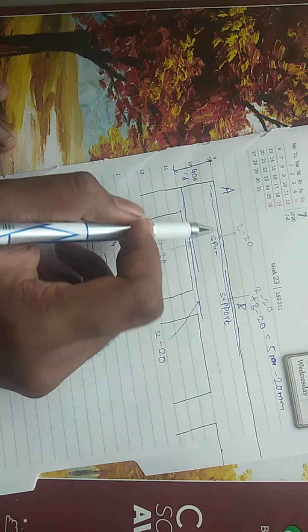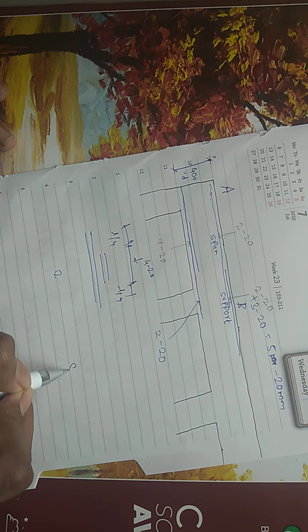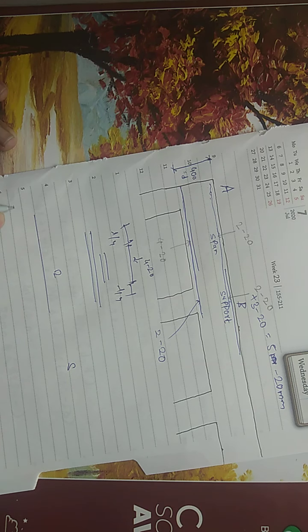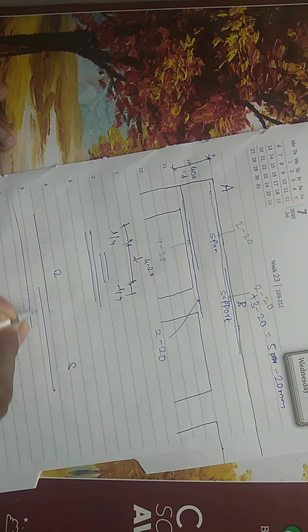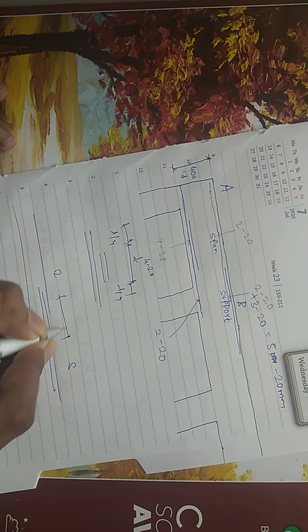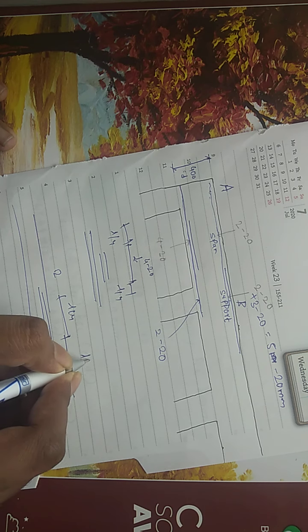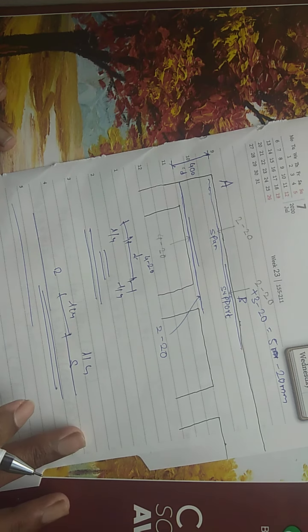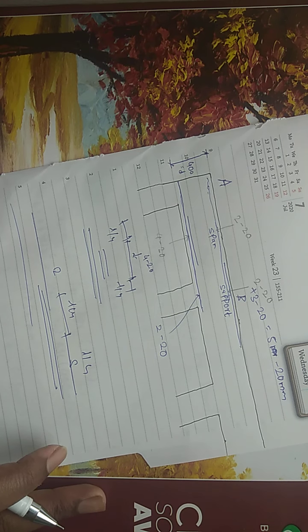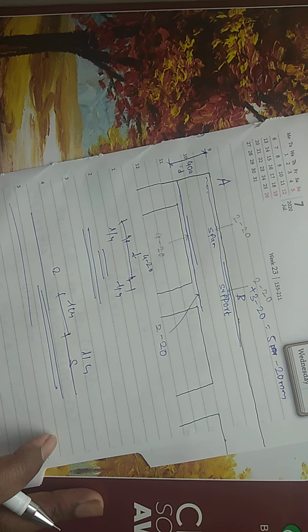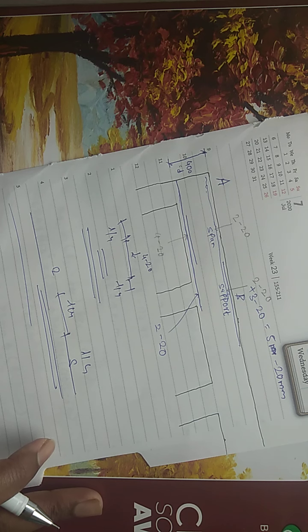Similarly, at the top you have 2 bars of 20 mm here, and you have 5 bars. So you can provide 2 bars fully and 3 bars only at the support, distributing L by 4 and L by 4 on either side. Okay, that's it. I think you have understood the part of designing the beam with double reinforcement and the curtailment extra top.